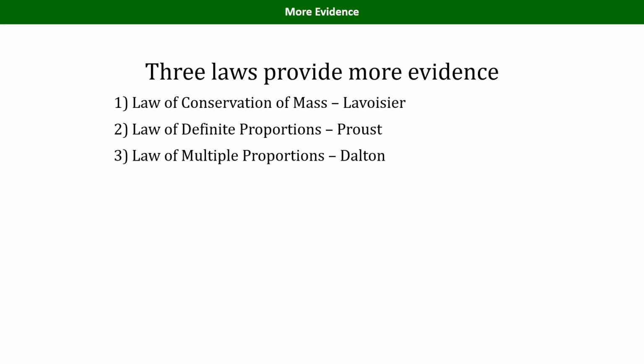There was the law of conservation of mass, which was put forth by a physicist named Lavoisier. There was the law of definite proportions from a Frenchman named Proust, not the same Proust that's known as the author, a different Proust. And then an Englishman named Dalton came up with the law of multiple proportions.